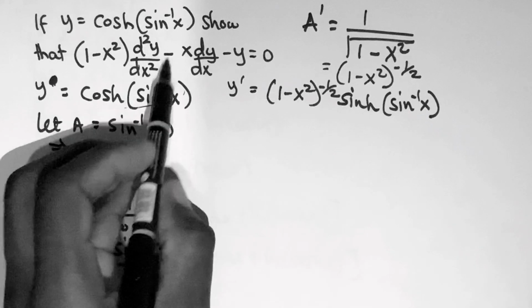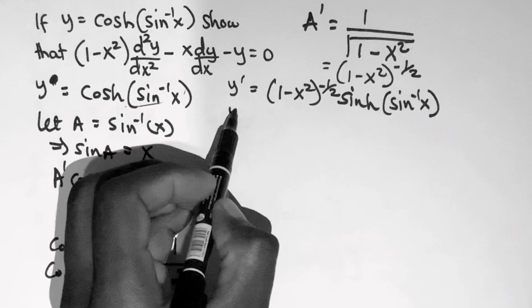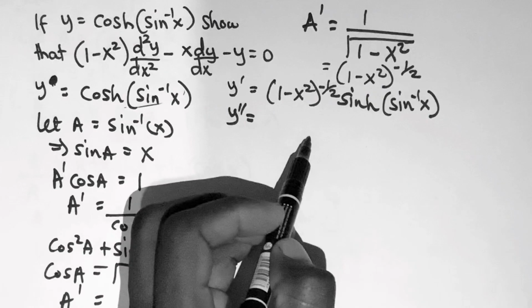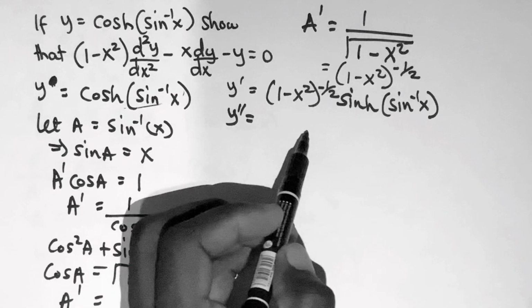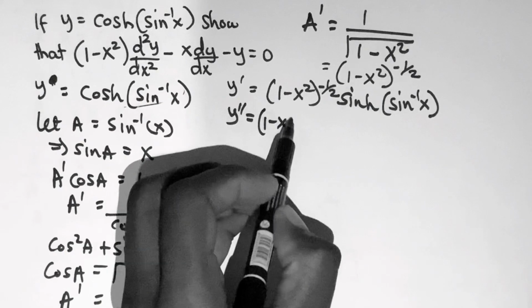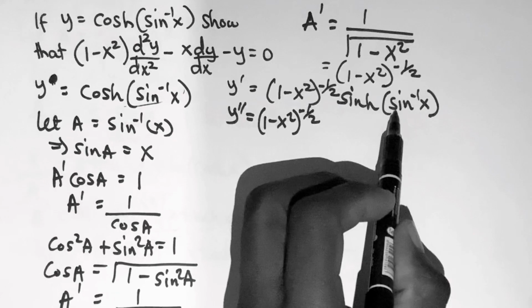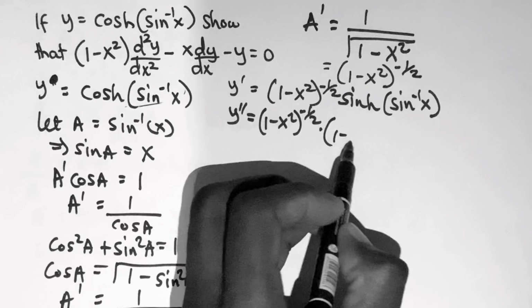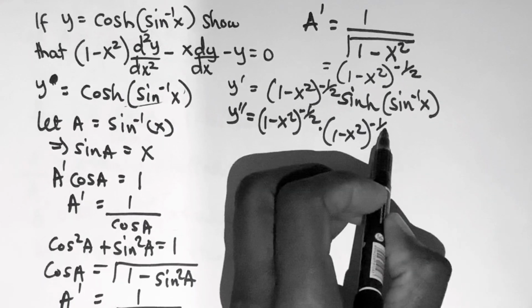Now here's d squared y dx squared, so that is the second derivative. So we need to find y double prime. In finding y double prime, we need to differentiate y prime. So you keep this one constant and you differentiate sine inverse of x. This is going to give us (1 minus x squared) exponent minus half, and then if you differentiate sine inverse of x, we are going to get times (1 minus x squared) exponent minus half.